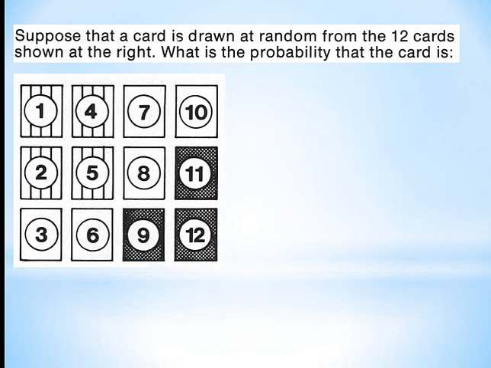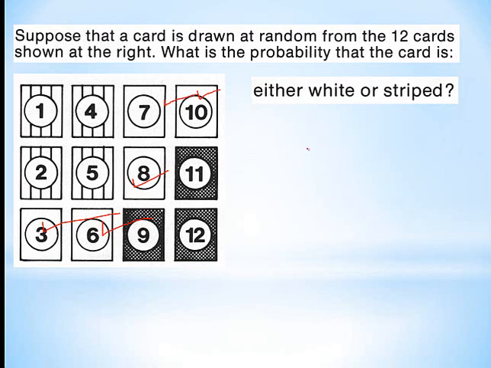So let's look at this one. These are the cards that are in the stack. What is the probability that you draw a card that is either white or striped? Well, how many of them are white? 1, 2, 3, 4, 5.